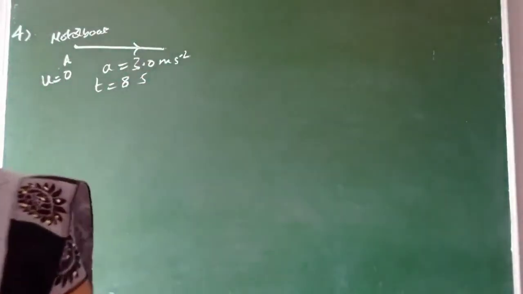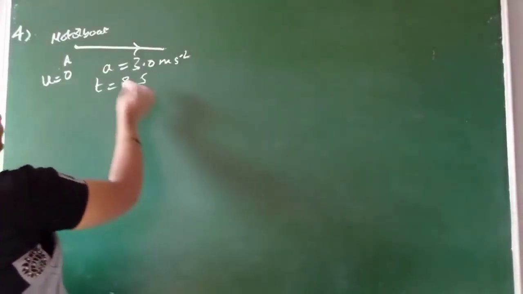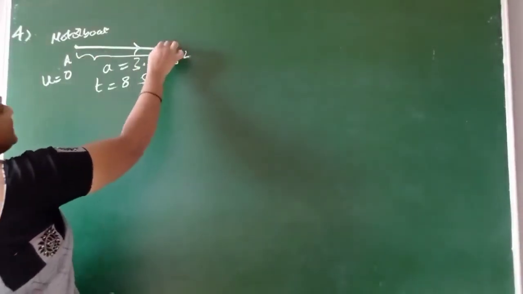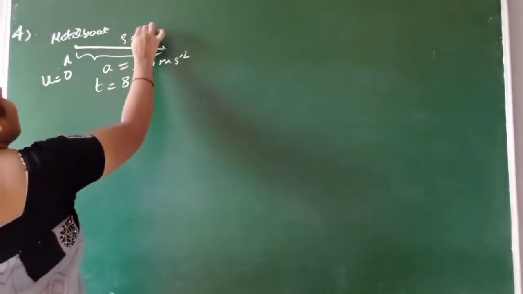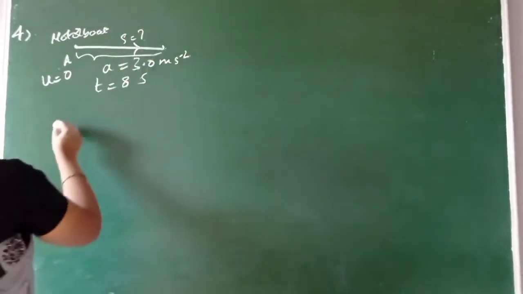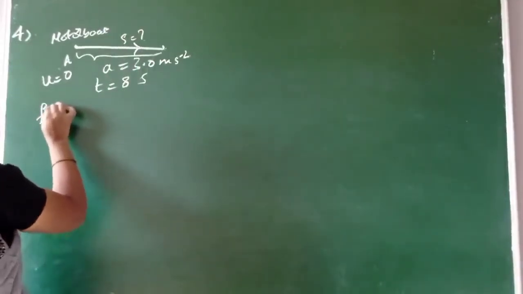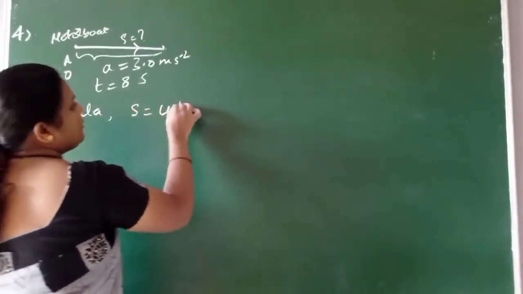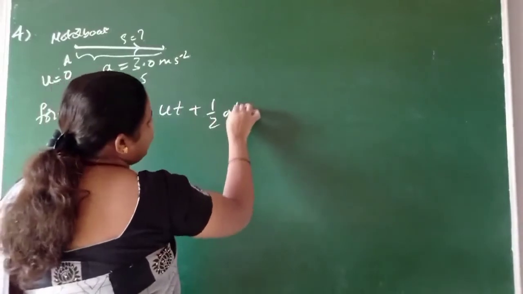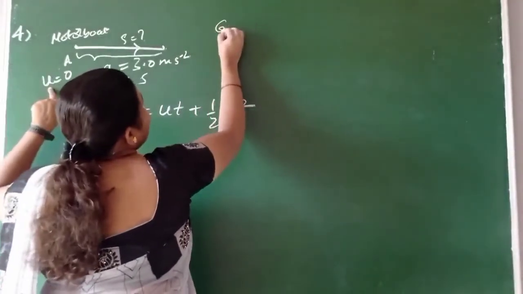So how far will the boat travel during this time? We need to calculate this distance. Isn't it, children? That is S we have to calculate. So which formula do we have to use, children? S is equal to ut plus half at square, because we know the given values.